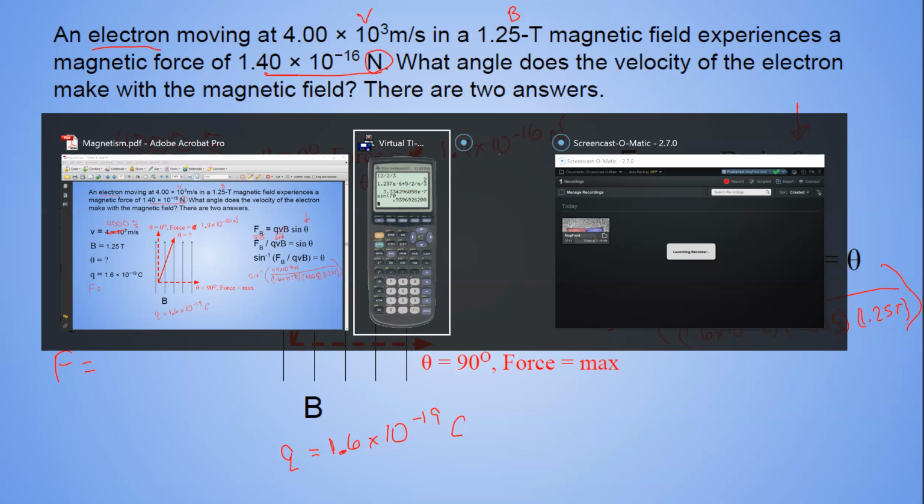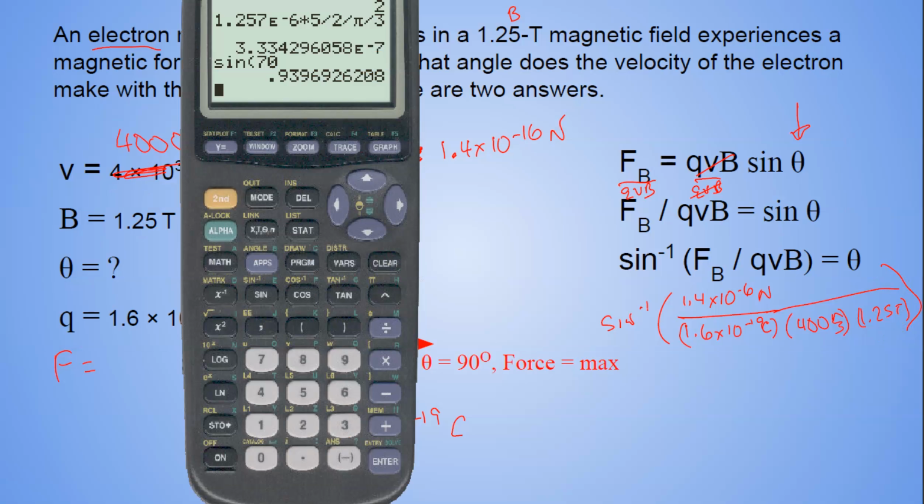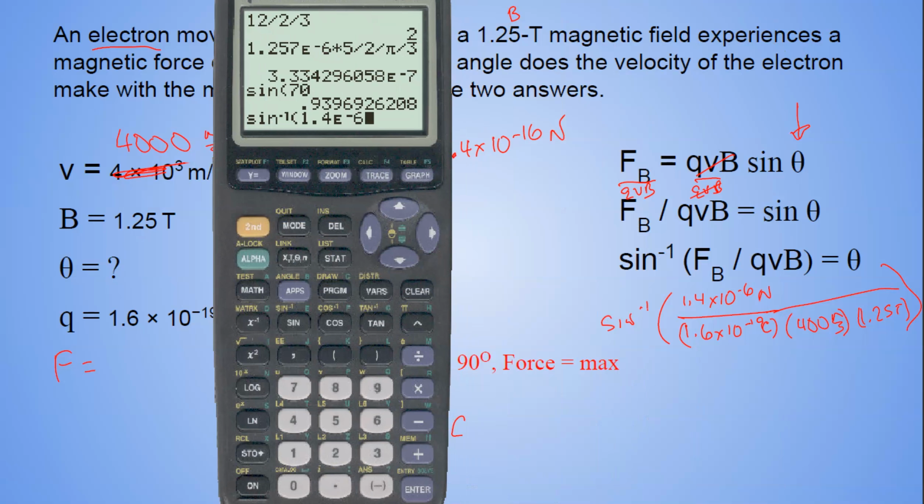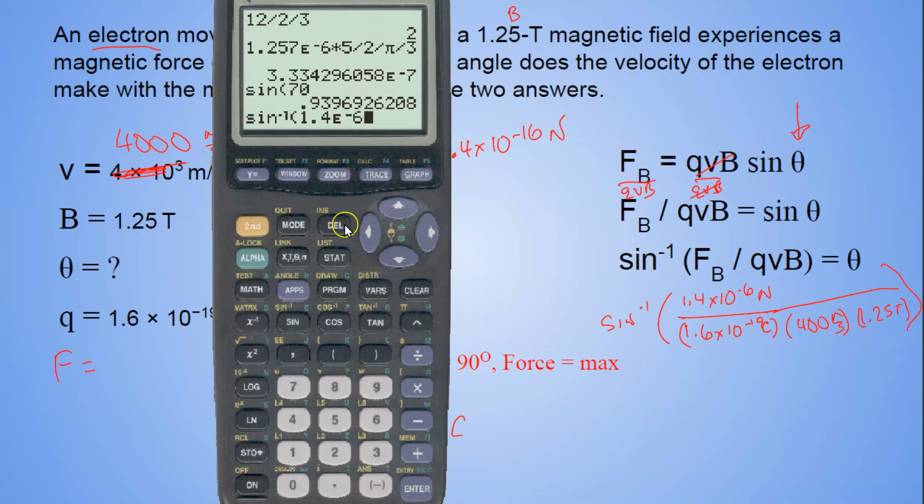And I want to see what that comes up to. So right here, I have second sine, and then I need to do 1.4 E negative 16. It's not 6, that's a 16, isn't it? Okay, let me go back and get a 16 in there.